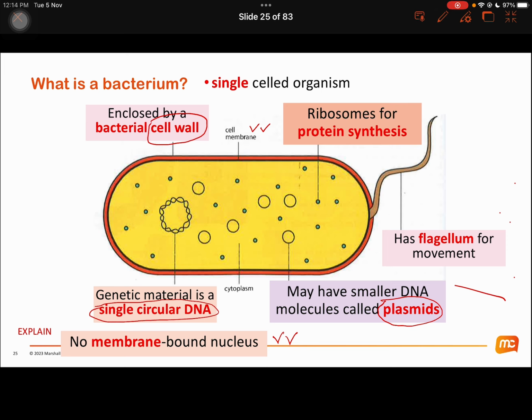Last but not least, it also has ribosomes to make proteins, for example, enzymes, to carry out chemical reactions in this bacteria to keep it alive and to help it to grow.